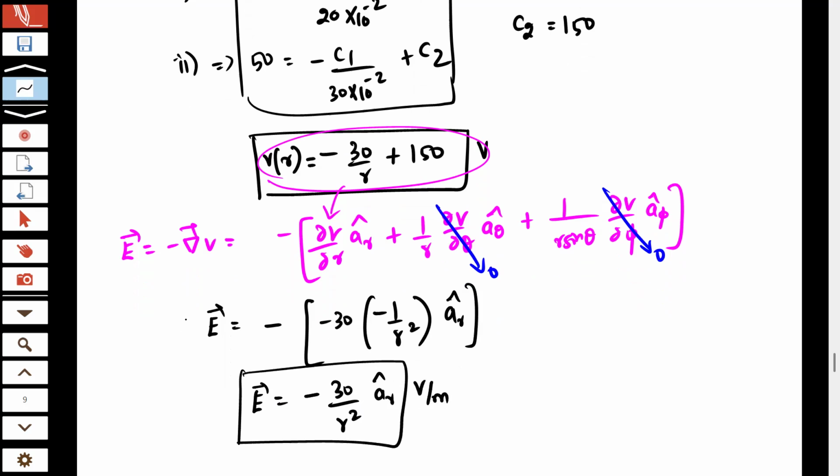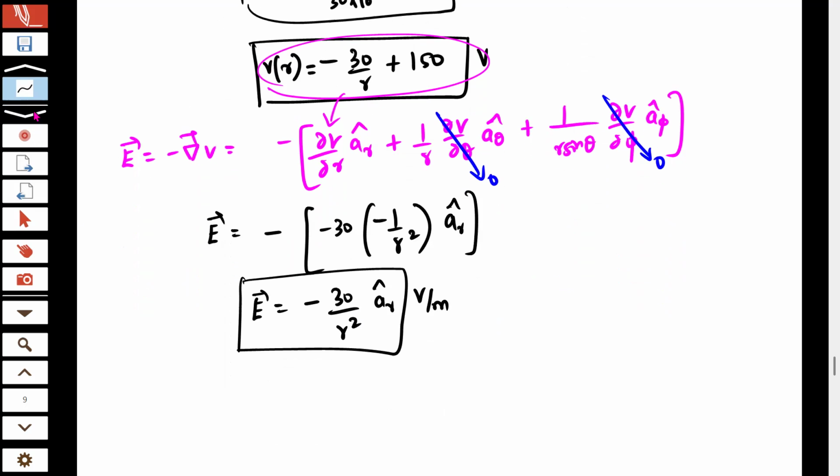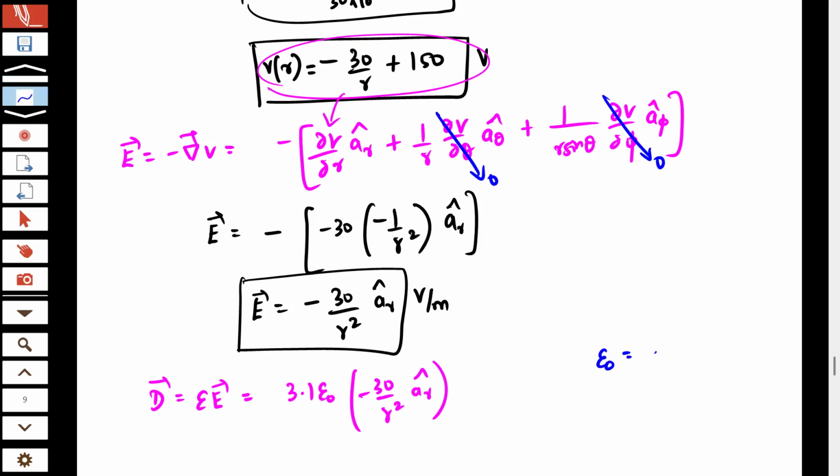Now we should find what is the flux density vector D. So flux density vector D formula is epsilon times E. We have been given with epsilon value, which is 3.1 epsilon naught into E vector, which is minus 30 by R square A R cap. So epsilon naught value we can write. I will be giving the epsilon naught value. Epsilon naught value is 8.854 into 10 power minus 12 farad per meter.